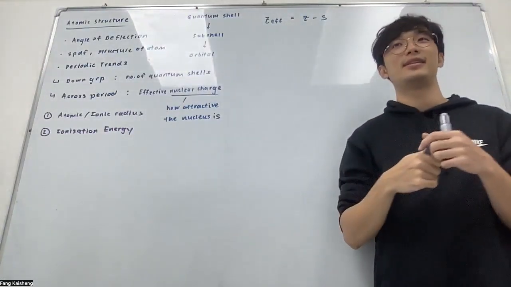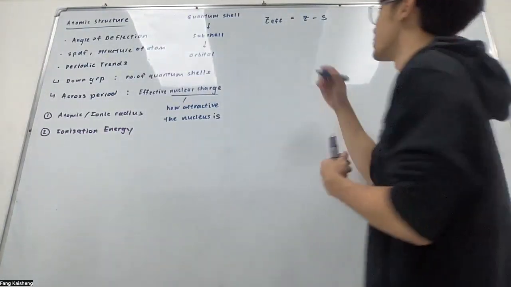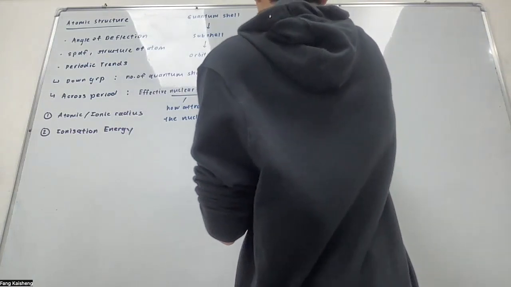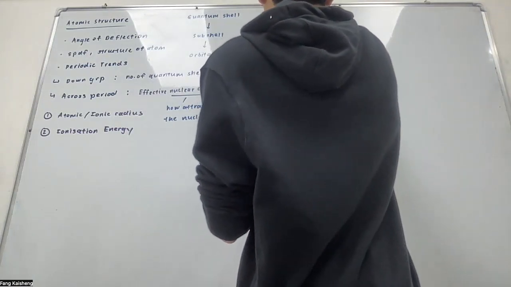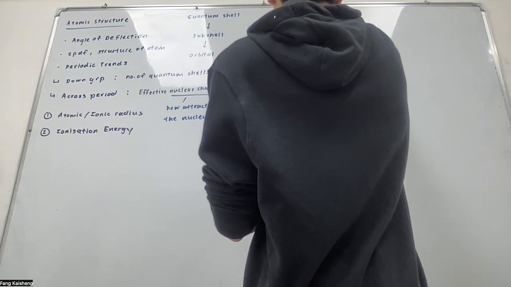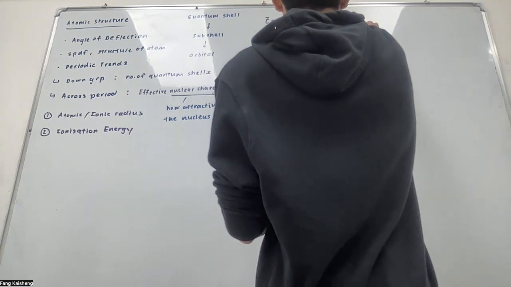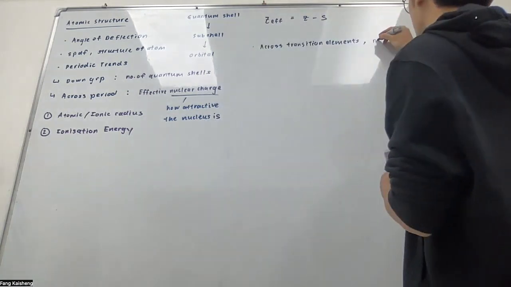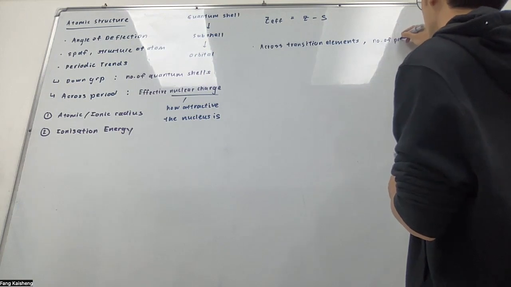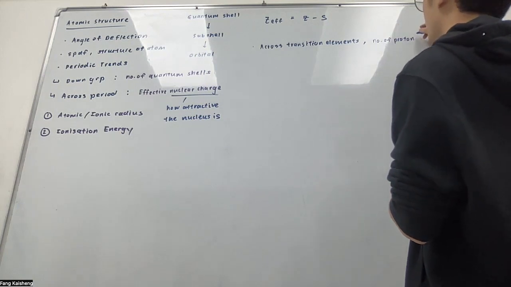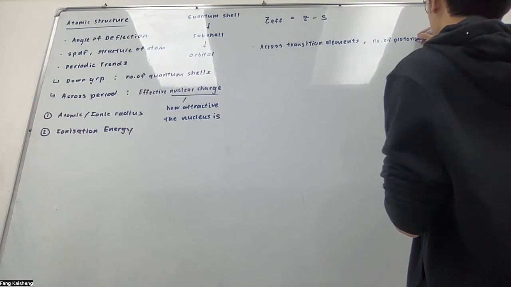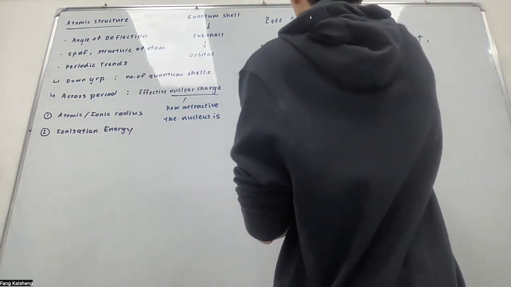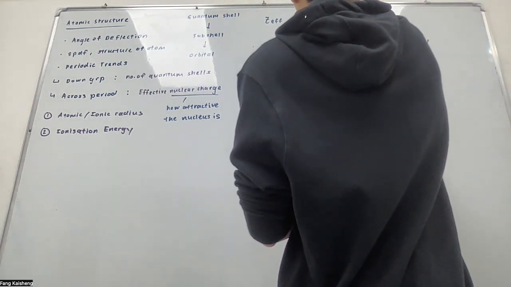Increases. Why? Protons increase. So across the transition elements, number of protons increase, so nuclear charge increases.